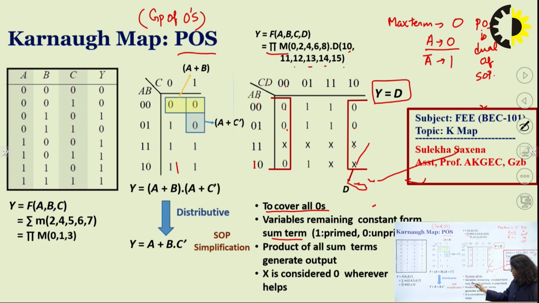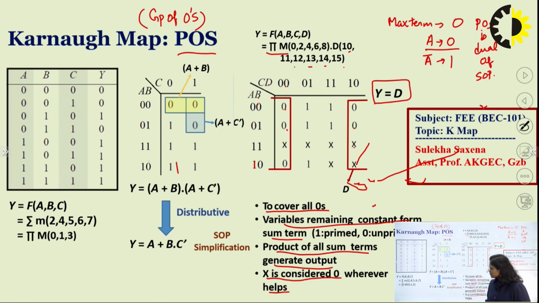Each sum term is entered as 0 and the final product of all sum terms is generated as the output. Again, a don't care term is considered as 0 when it helps in the final grouping, else it will not be considered in the expression.